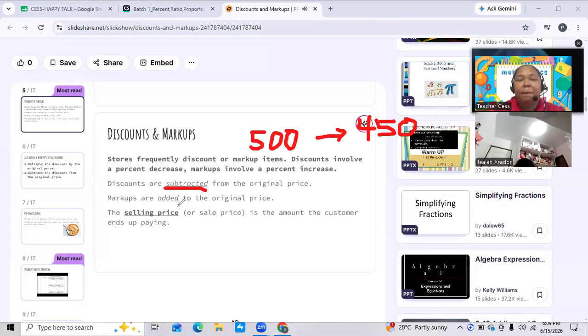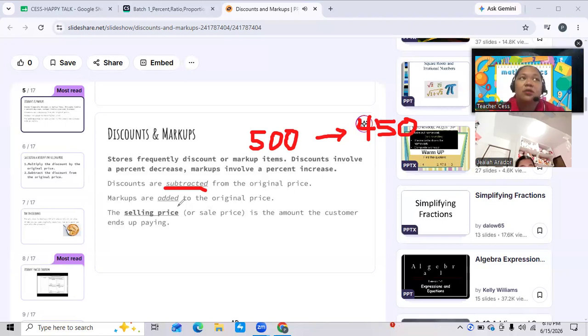For example, the product they are selling is chairs, and the markup rate is 5%.